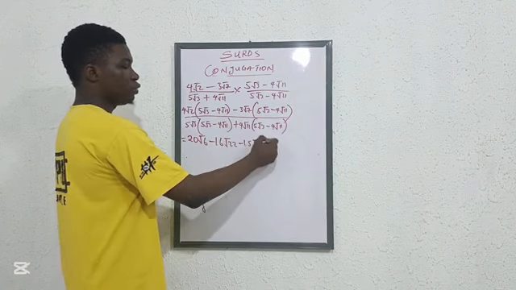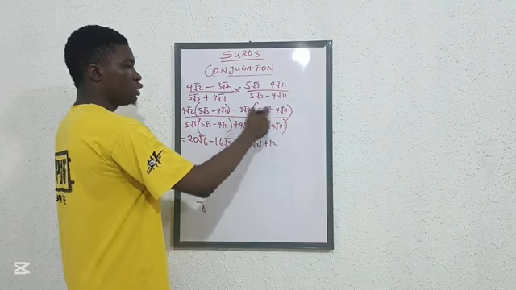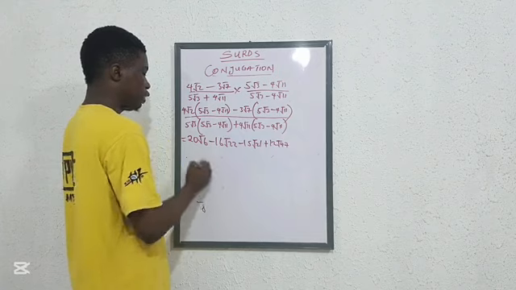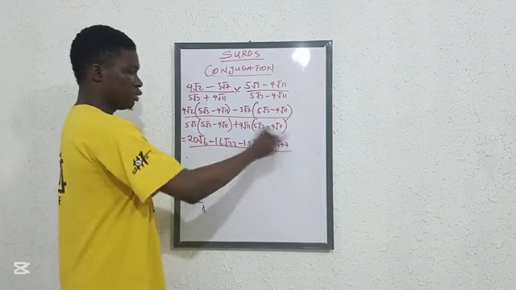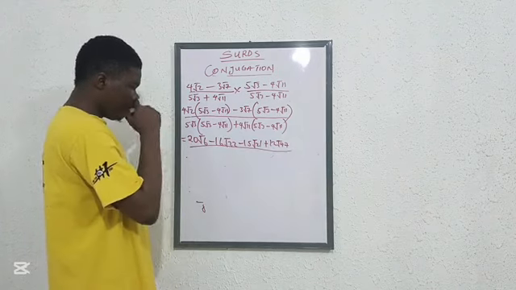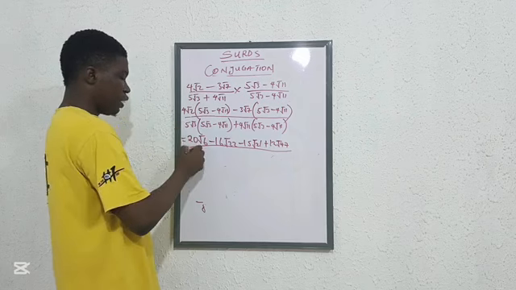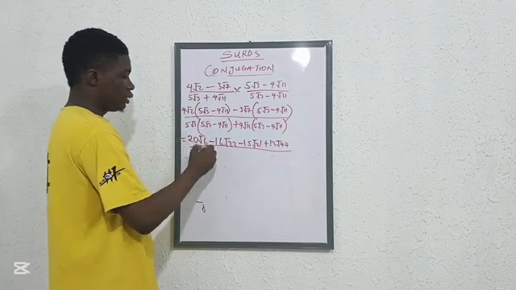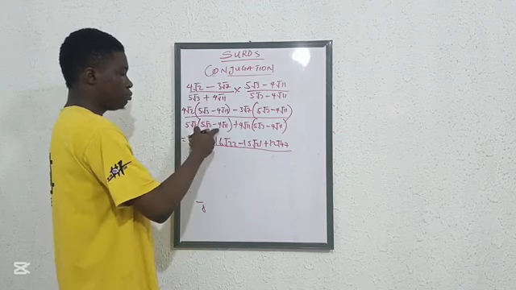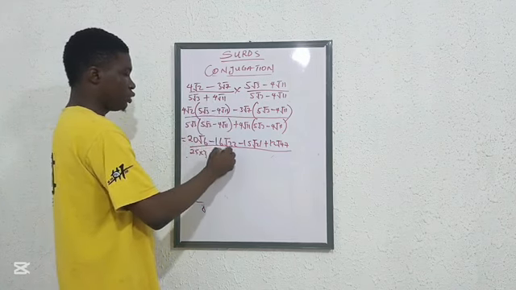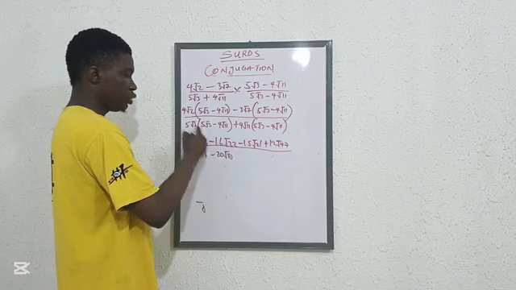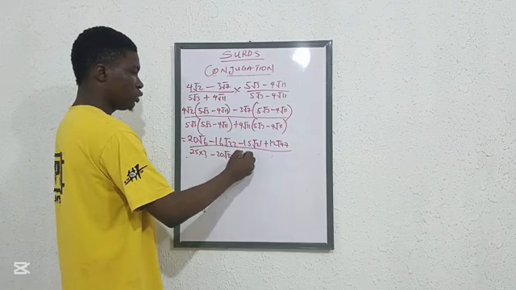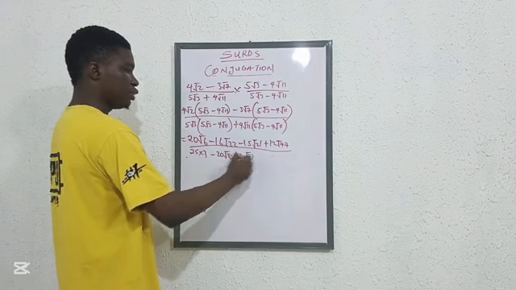Minus 3 times minus 4, plus 12. Root 7 times root 11, that's root 77. Over the denominator, we have 5 times 5, 25 times root 3 times root 3, that's 3. So we have 5 times minus 4, minus 20 root 33 because 3 times 11, so plus 20 root 33.